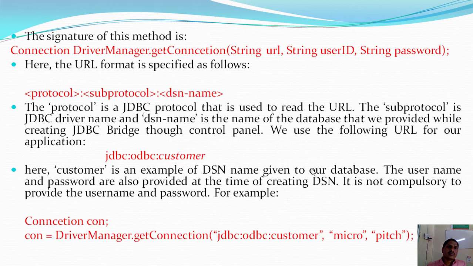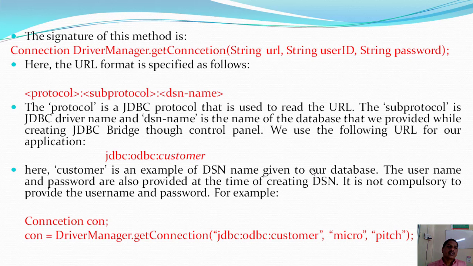The signature of this method is: Connection con = DriverManager.getConnection(String url, String userID, String password); Like this syntax you can use for connecting to the database. Here the URL format is specified as follows: protocol:subprotocol:DSN name, where DSN is the data source name.